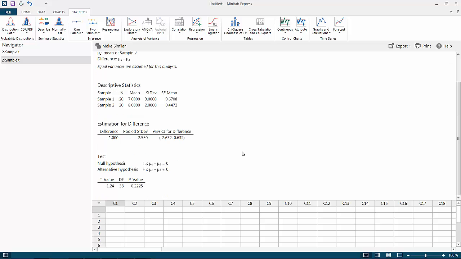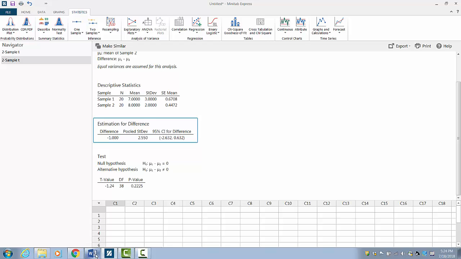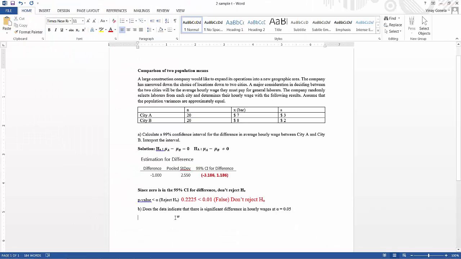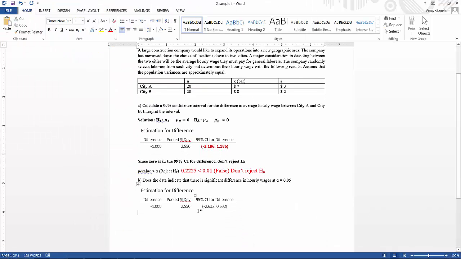And click OK. So again, I will copy this here, and you see our 95% confidence interval has a negative and a positive value, so 0 is within this limit, so we will say don't reject H null.